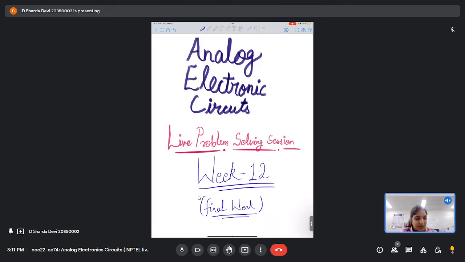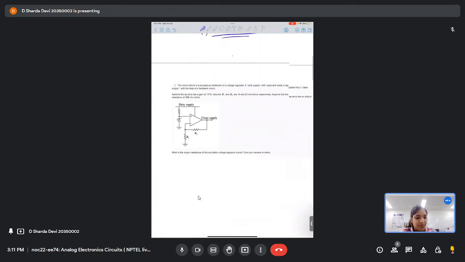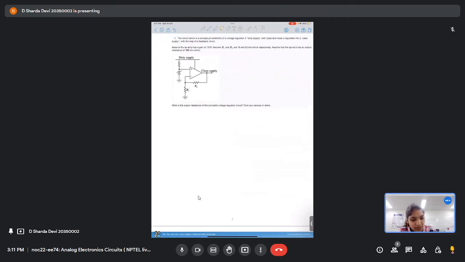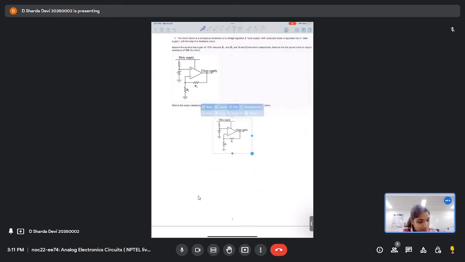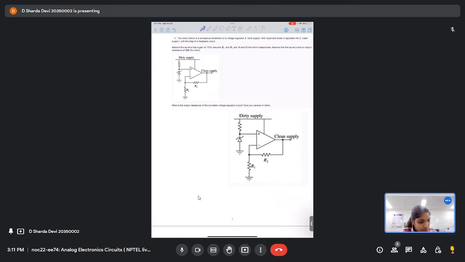So in today's session, we'll be solving problems based upon voltage regulators. If we look carefully at this particular circuit, what happens is the circuit helps in regulating the voltage, most commonly the line regulation that we call.